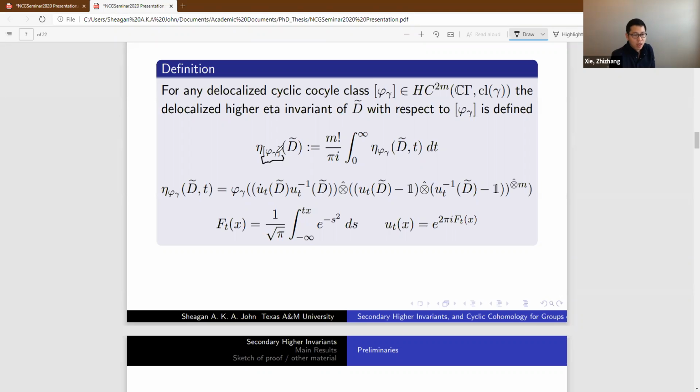If you want to consider its rank and so on, it's going to give you a more precise lower bound, as opposed to just the delocalized invariant, which is just the trace. So for these classes, in general, if you know the Novikov conjecture is true for these groups, then you can get a better estimate on the homotopy groups of the space of positive scalar curvature metrics on a manifold.